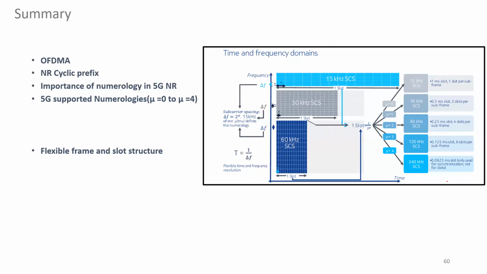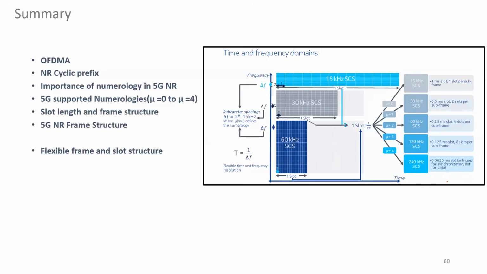In the frame structure, you will have so many slots based on the numerologies; higher numerologies, more slots. And we identified that the whole air interface is based on timings, and how the scheduling time changes as we move from numerology 0 to 4.